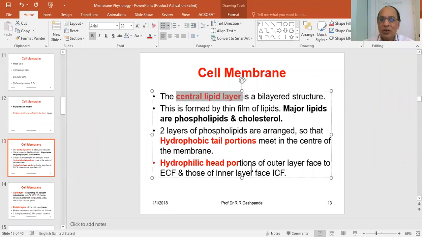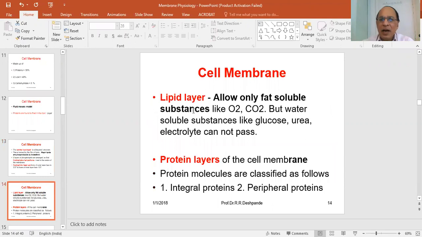The hydrophilic head portion of the outer layer faces the ECF. So the head part faces the outside and the tail part is inside the cell. This is the structure of the cell membrane. The lipid layer allows only fat-soluble substances like oxygen and carbon dioxide, but it will not allow glucose, urea and electrolytes.